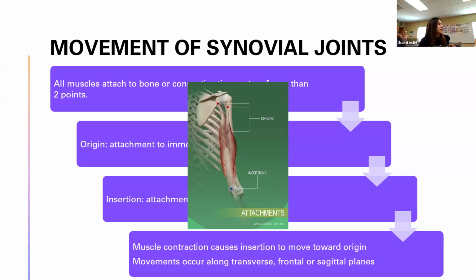Here is an example of an origin and an insertion. Can they test us on which is an origin? They could ask you, what is the origin for the triceps brachii muscle? Name an origin for the triceps brachii, and it would be one of these: the humerus or the scapula.